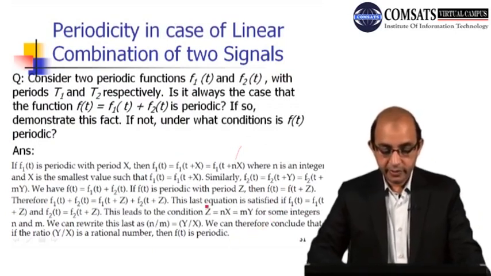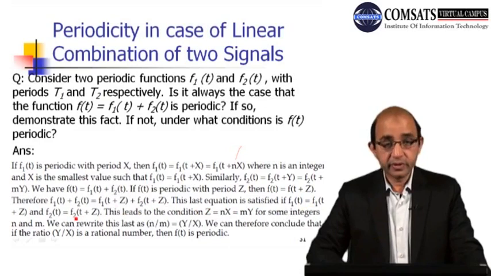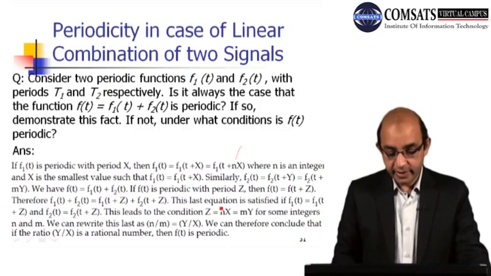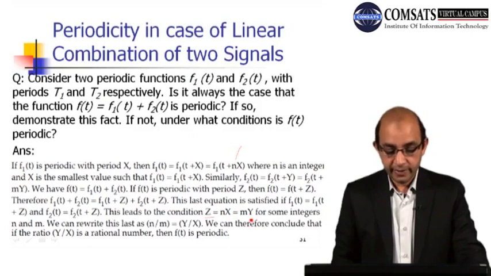Okay, so the last equation: f1(t + z) is equal to f1(t), and f2(t + z) is equal to f2(t). So let z be equal to nx is equal to my.